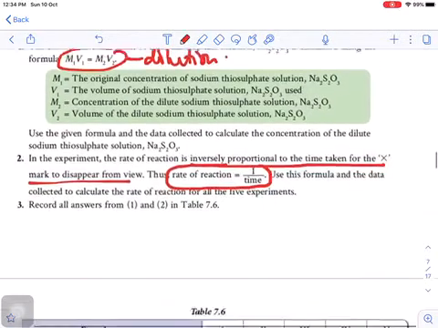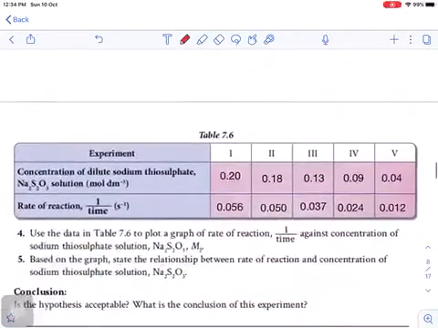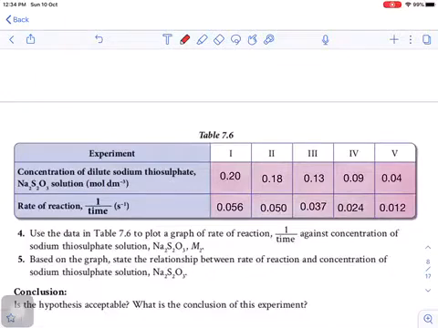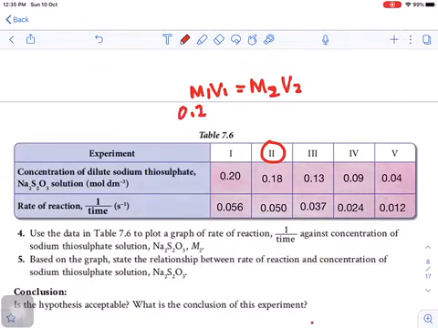Okay, so next, concentration of dilute sodium thiosulfate. This one, you use M1V1 equals M2V2. So, example for set 2: M1V1 equals M2V2. Our M1 is 0.2, V1 is 40.